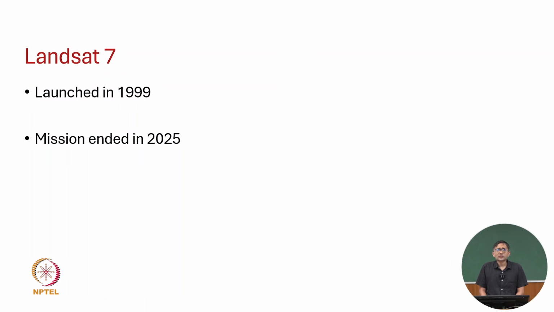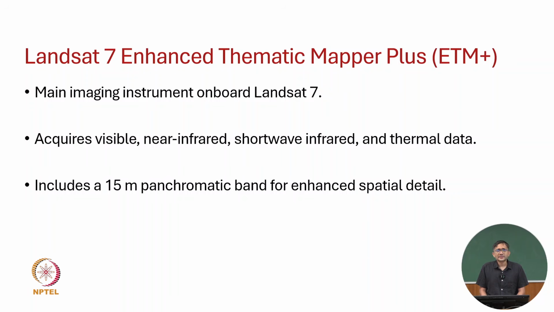Landsat 7 was launched in 1999. So compared to Sentinel-2, which is much more recent, Landsat 7 goes back much further in time. However, the mission has already ended in 2025. On Landsat 7, we had the enhanced thematic mapper plus, ETM plus data, which was the main imaging instrument on board Landsat 7.